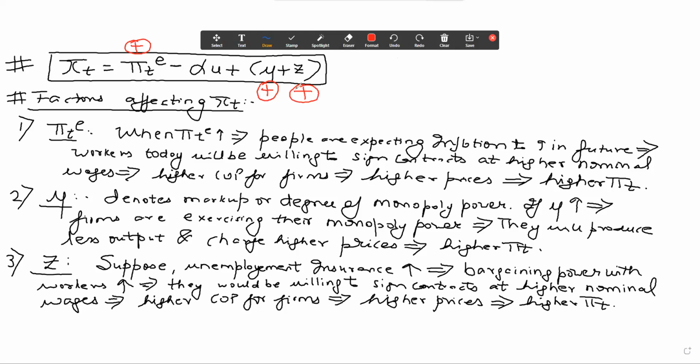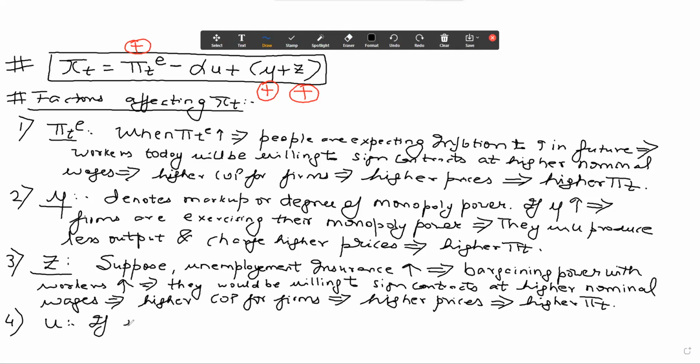And guys, the last relation, sorry, not mu, u. Let me correct it. The last relation, u, which captures the unemployment rate in the economy.